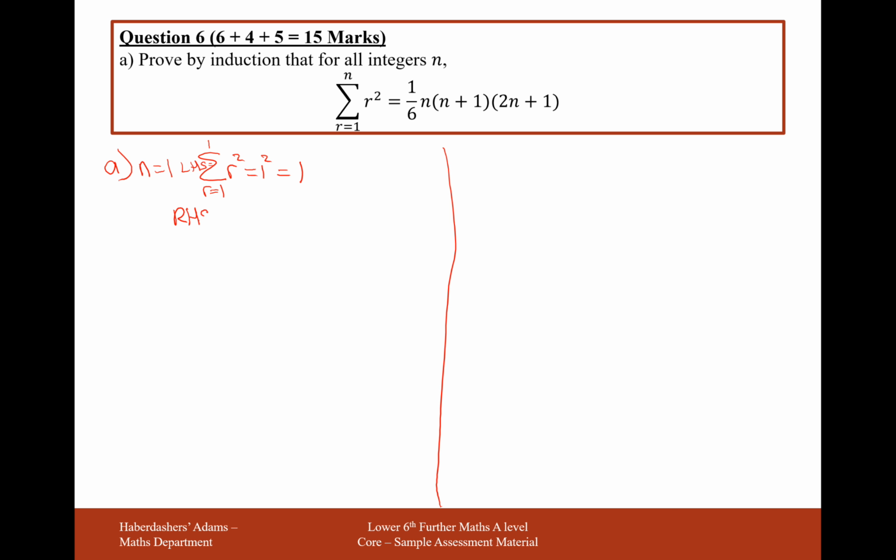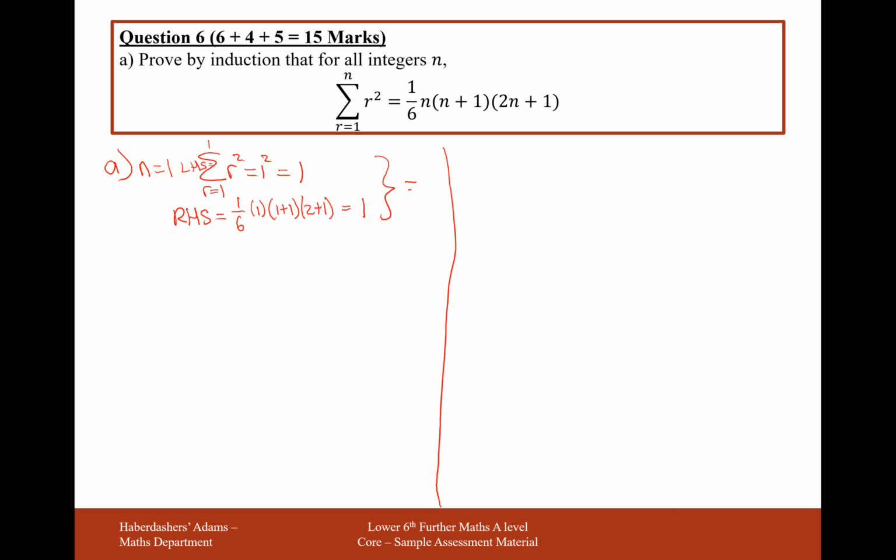And on the right hand side it's going to be substituting in 1 where we have an n in our formula here, so it's 1/6 of 1 times 1 plus 1 times 2 plus 1, and that will also give us 1. So here left hand side equals right hand side, and that's all groovy to get us started.